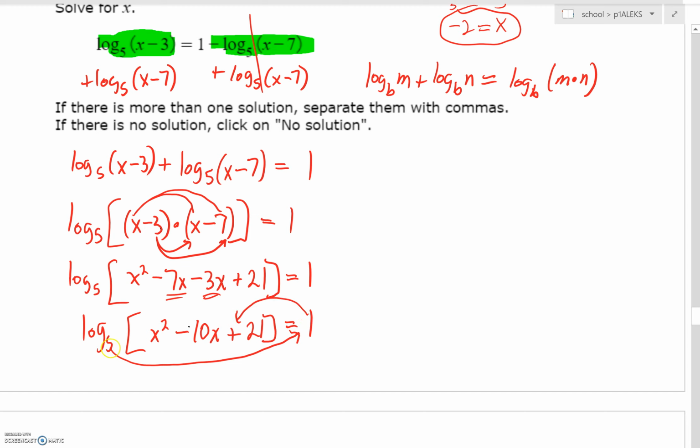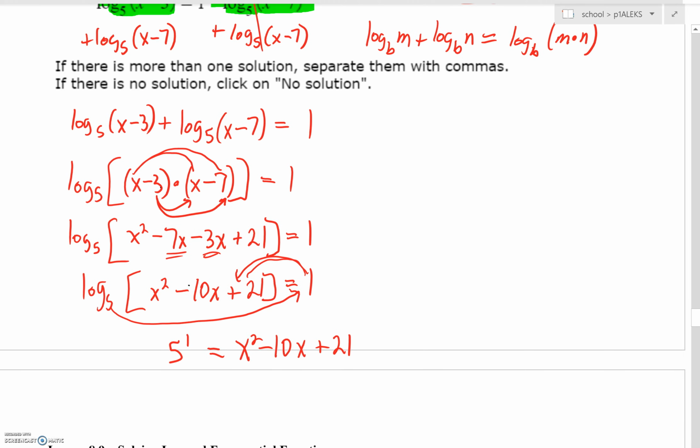You can say this is going to become 5 to the 1 power would equal x squared minus 10x plus 21. That's the wonderful definition of a log, this log circle. 5 raised up to the 1 power is equal to, look at the last part of the circle, x squared minus 10x plus 21. Well, 5 to the 1 is just a 5.